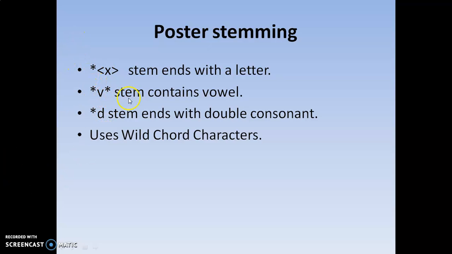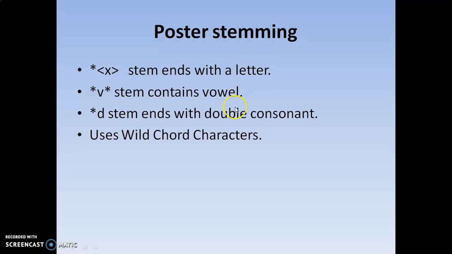Stem contains a vowel means that somewhere in between the word, there is a vowel. Star d means it ends with a double consonant. For example, stemming is a word that ends with a double consonant: N, G, these are two different consonants.